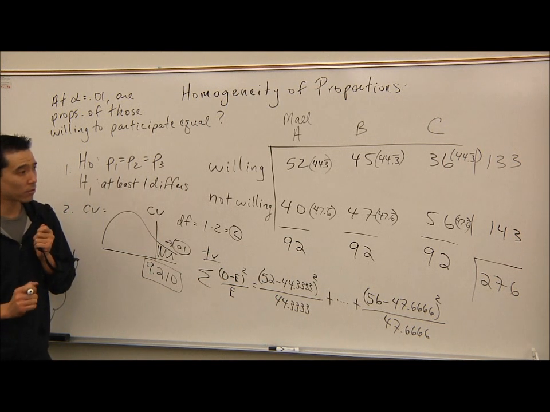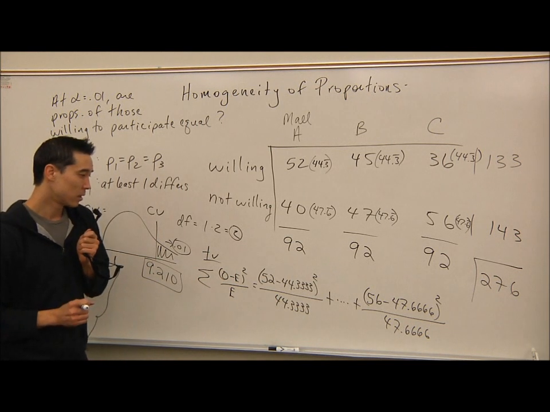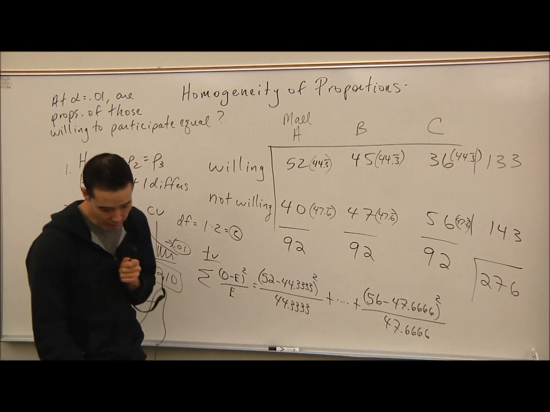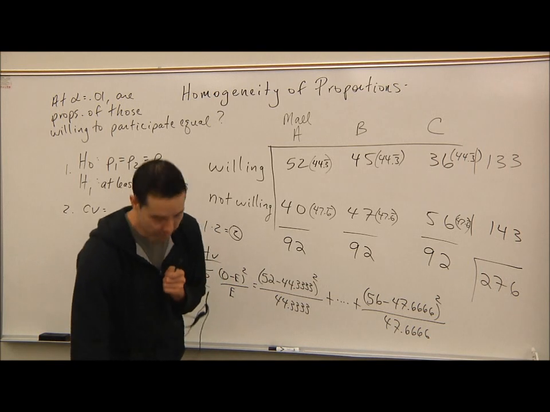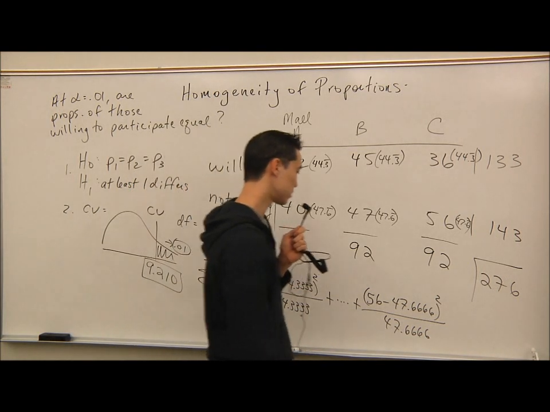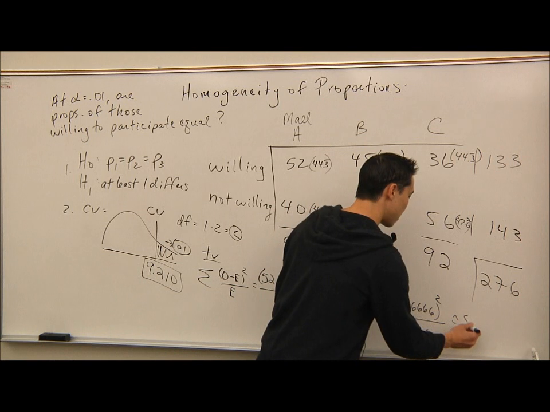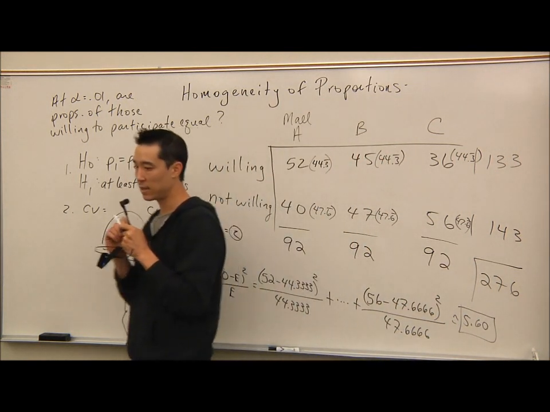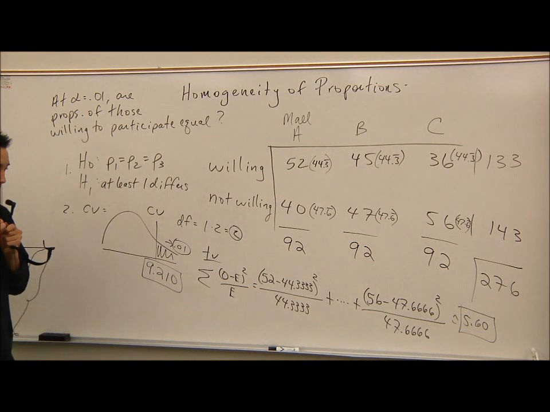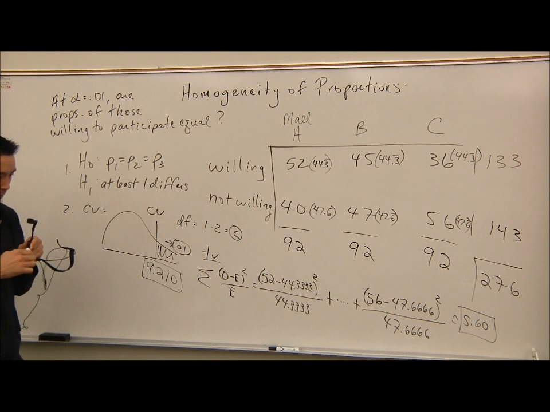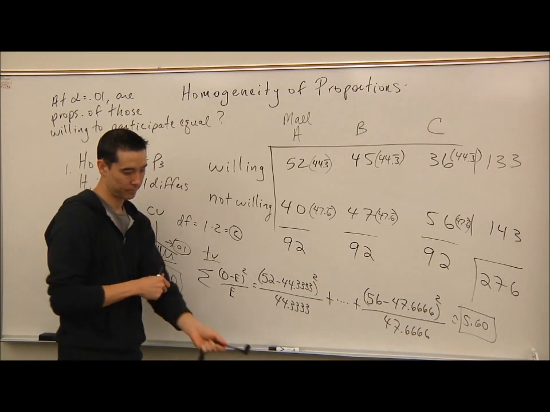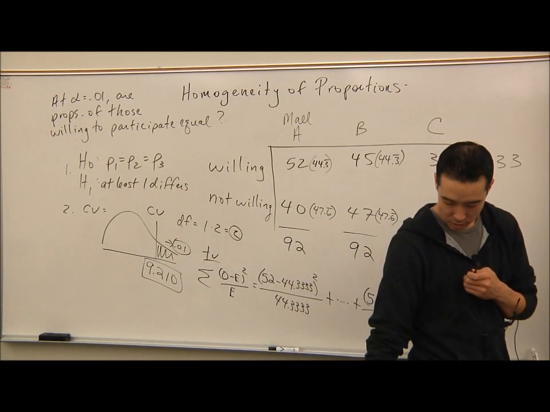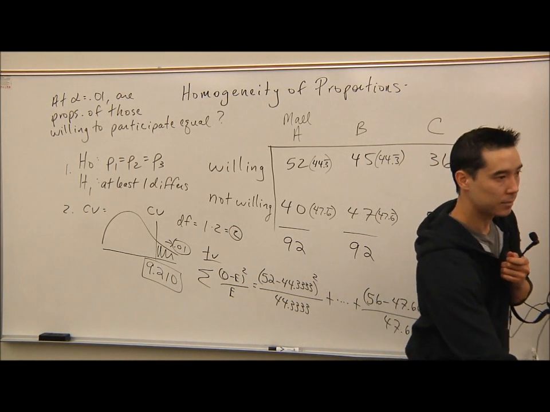Please make sure, go through it because you're going to have to do it on the exam. Go through it and make sure you get the same value I got. And what did I get? I got approximately 5.60 when I finished this. So see if you get approximately 5.60. That's your goal. Spend a couple minutes, see if you can get that to come out to 5.60. The formula is observed minus expected squared divided by expected.